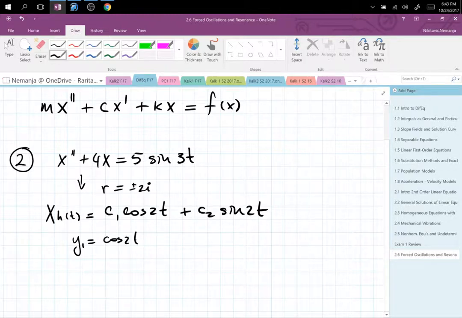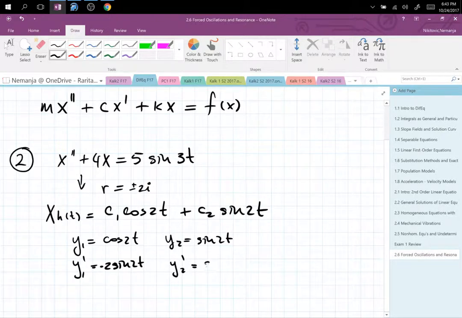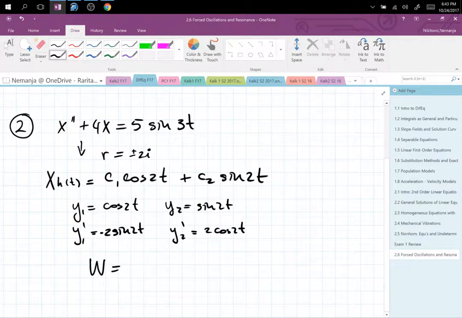So cosine 2t, y1 prime is negative 2 sine 2t. Over here we have y2 equals sine 2t, y2 prime equals 2 cosine 2t, and then the Wronskian over here is just going to go like that. So that's 2 plus 2 is, no, it's 2, right?